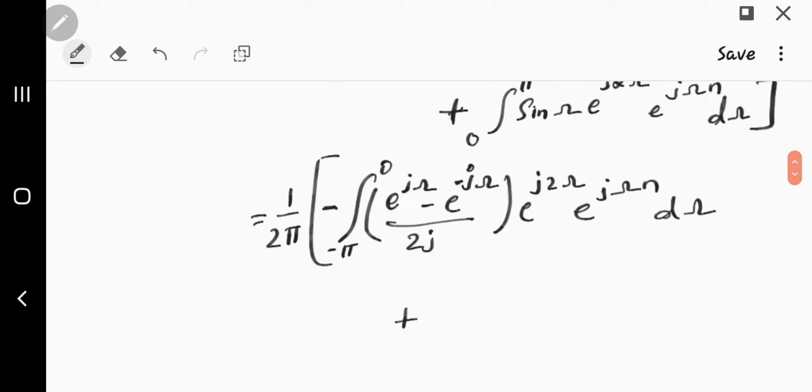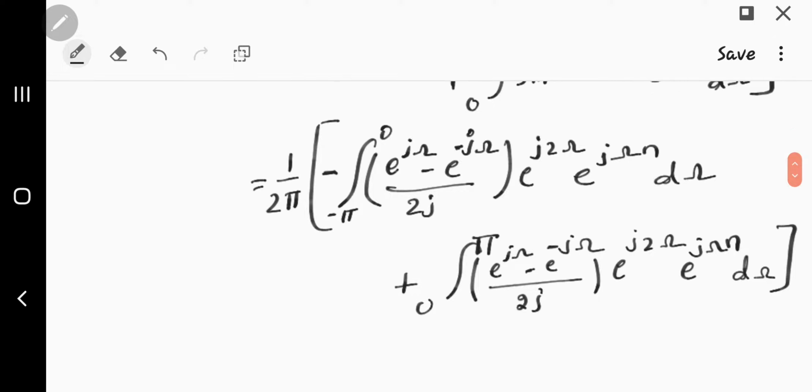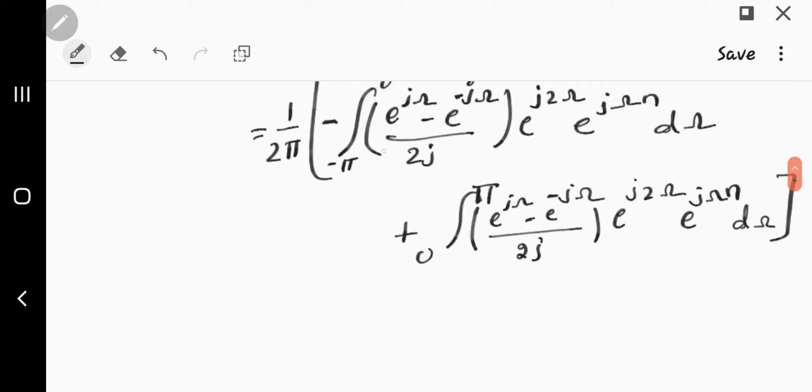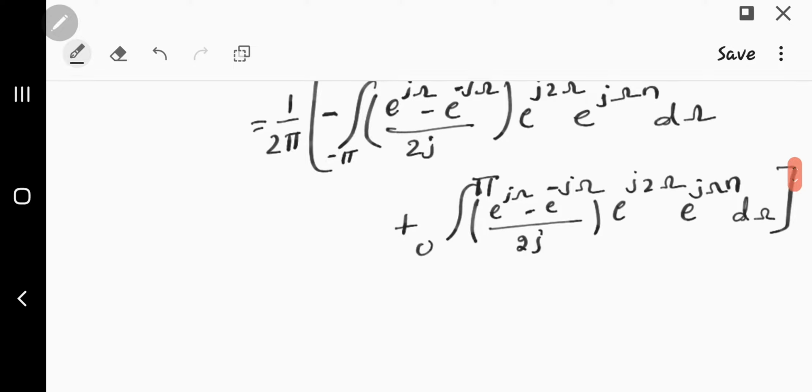So this is the first part, plus the integral from 0 to π of (e^{jω} − e^{−jω}) divided by 2j into e^{j2ω} e^{jωn} dω. Now this 2j we can take outside and we can combine these values.